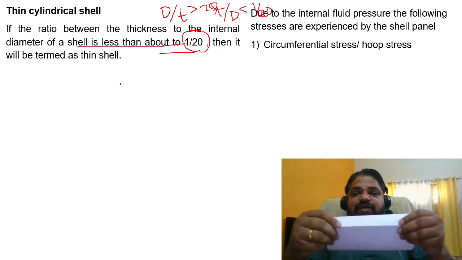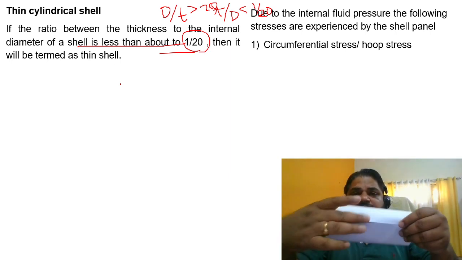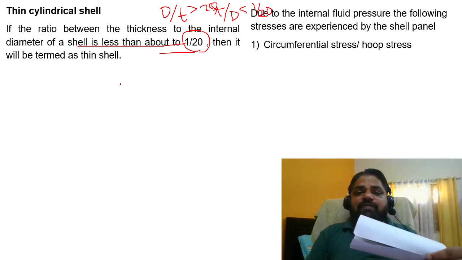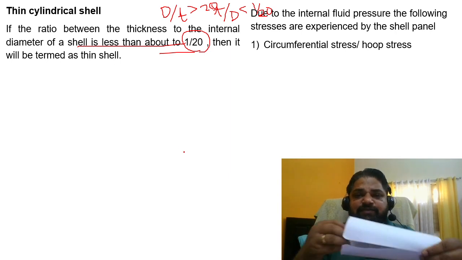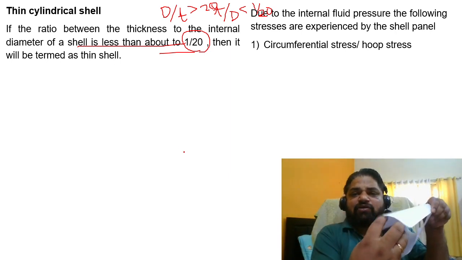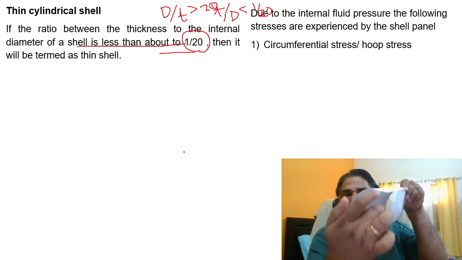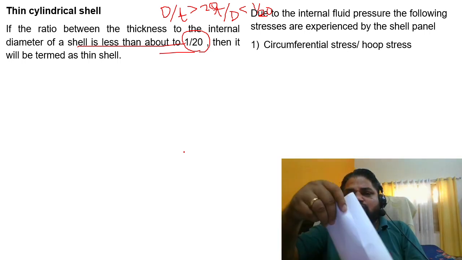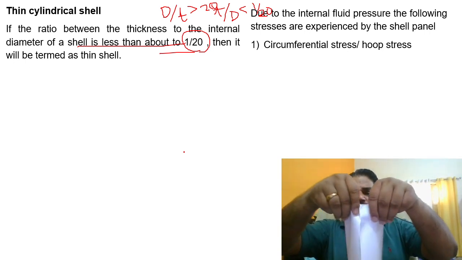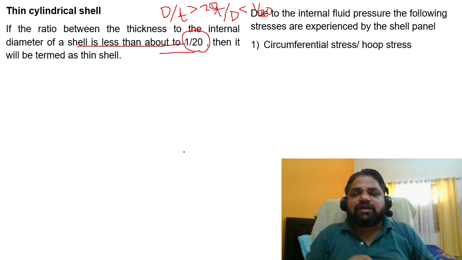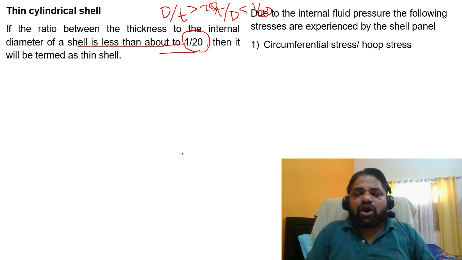The stress may be created due to the joining at this line, and it is a circumferential stress. That means if some internal pressure is created inside, it creates some pressure on this wall. So this joint under the stress condition is nothing but the circumferential stress or hoop stress.